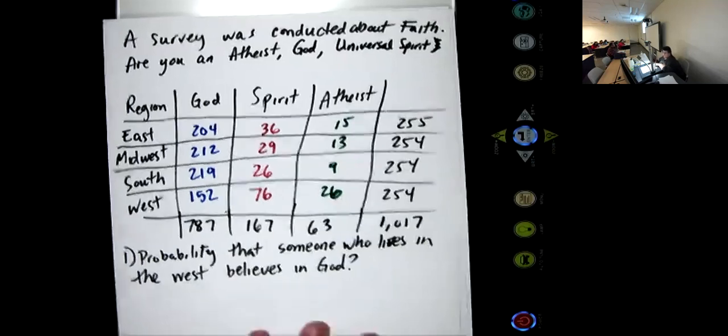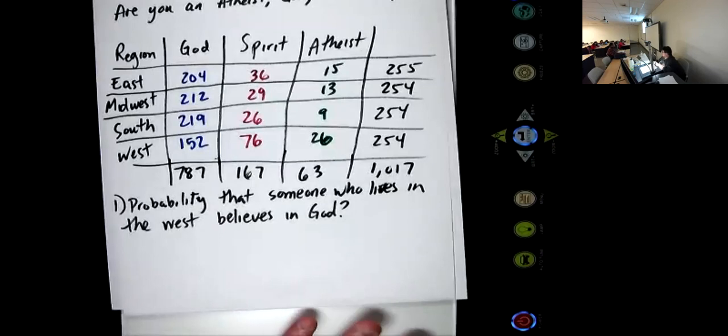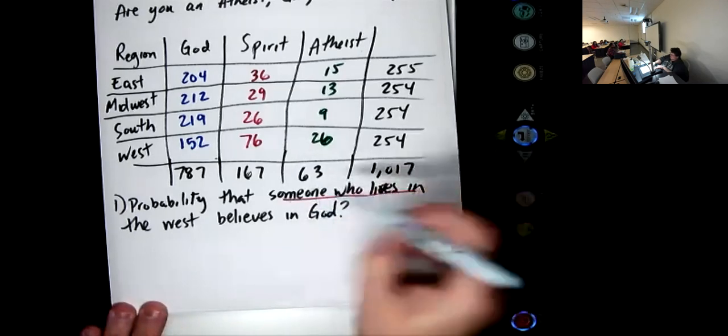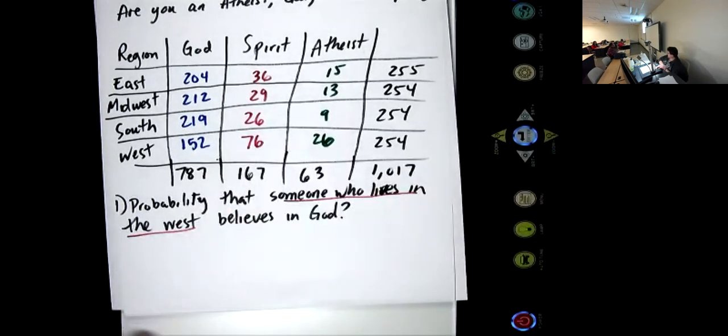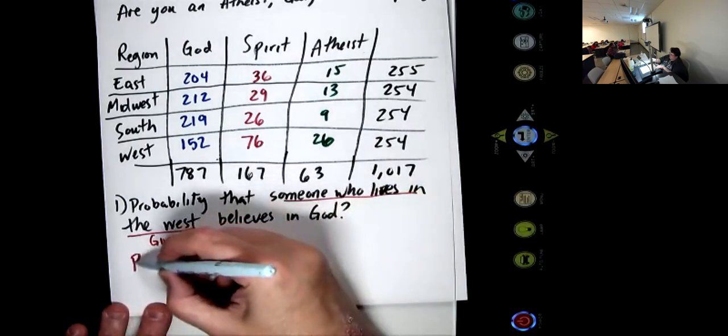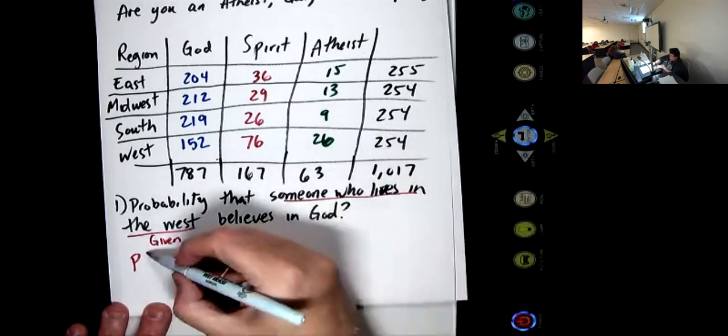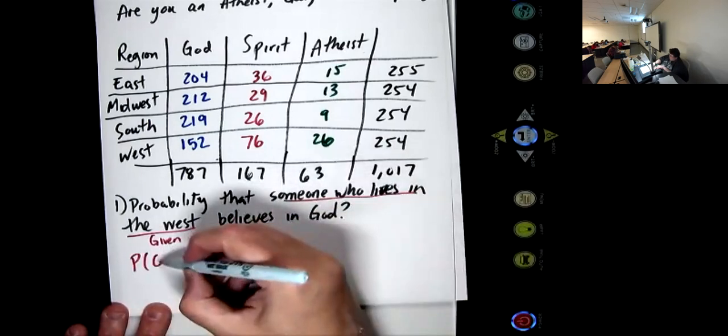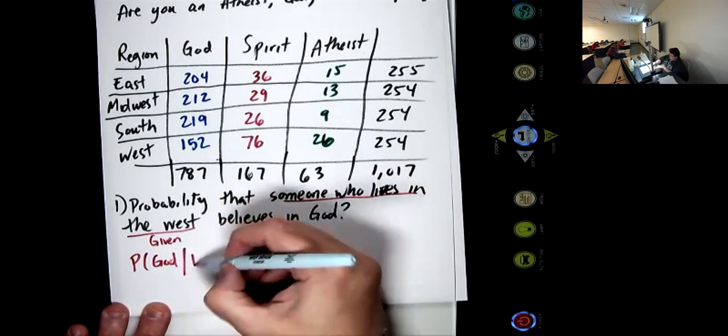Now there's 2 ways to go about finding this. There's the way that uses the formula, which I think is the hard way, but we're going to do it first. What is the probability that someone who lives in the West believes in God? Someone who lives in the West sounds like a pre-existing condition. Where they live is given. This is going to be our given info. So this is the probability of believing in God, given that they live in the West.